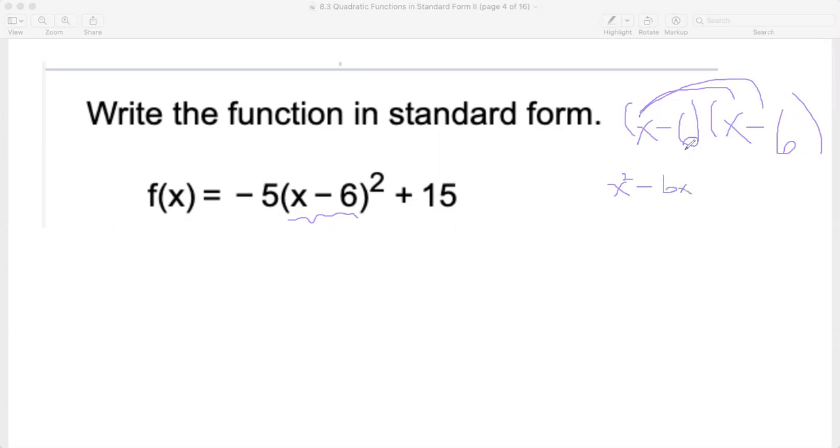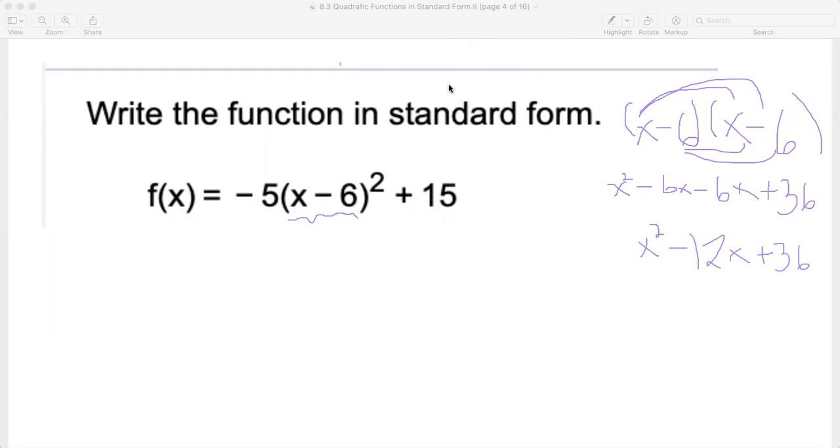And then it should be another minus 6x because this is a perfect square. And then -6 times -6 is a positive 36. All right, so then that would clean up as x squared minus 12x plus 36.